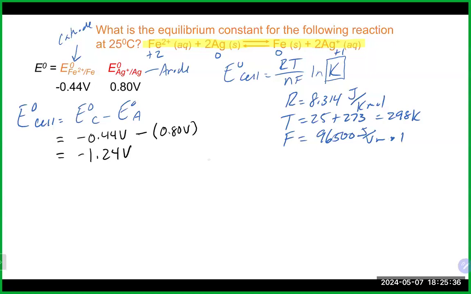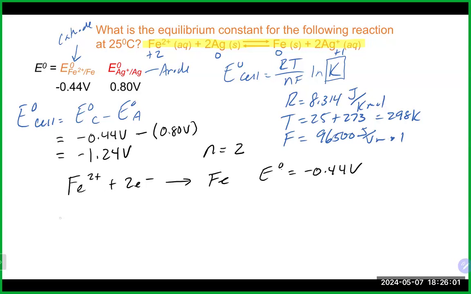Last thing that we need to figure out is N. N in this case should be 2 electrons, as our proper half reactions is iron plus a couple of electrons going to iron here with no charge, with our E being minus 0.44 volts.